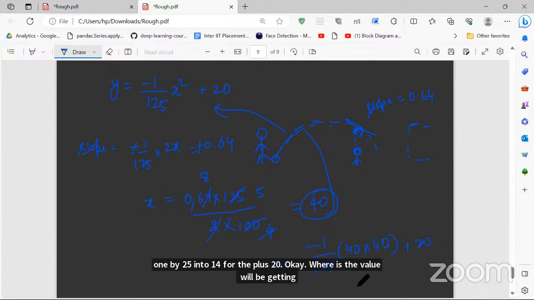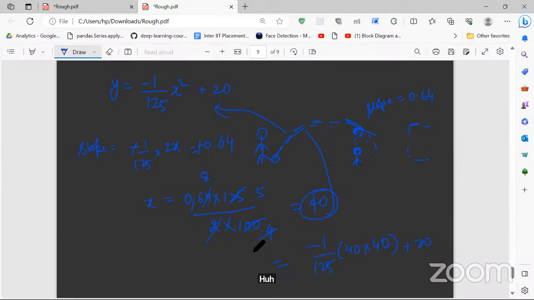Calculate it now. So basically, 16 into 100 by 125. You can do it like this: 64 by 5, which is 12.8.